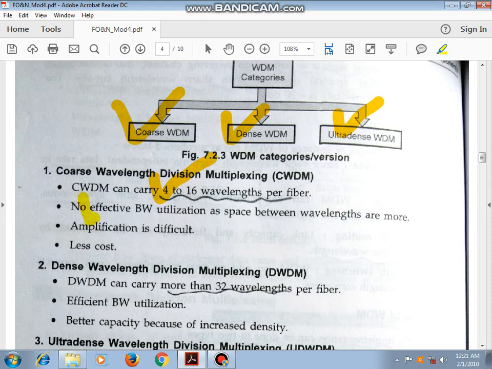So efficient bandwidth utilization is not possible here, and amplification will also be difficult, but this is very cheap, so it is of less cost.